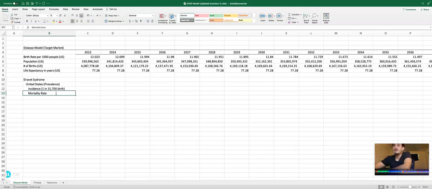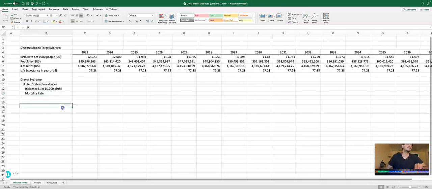And the mortality rate is, of course, the leak. So how many patients you lose each year, because patients die. So the mortality rate here is 9.32 per 1,000 person years.